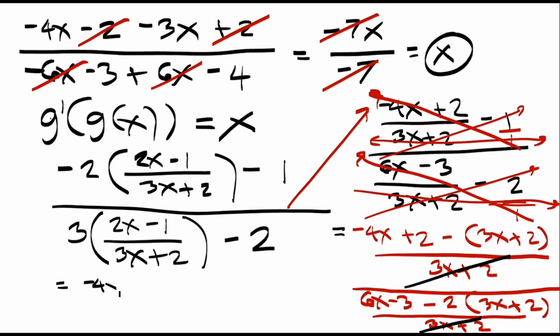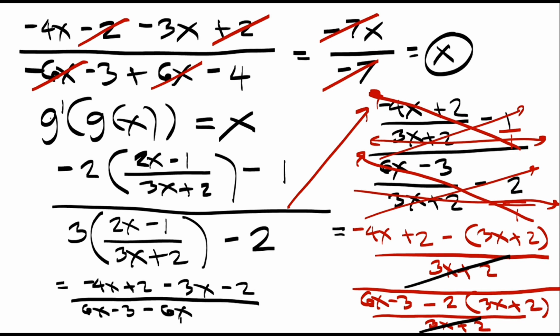Negative 4x plus 2, remove the parentheses, it will be minus 3x minus 2 all over here of 6x minus 3, and again multiply negative 2 to 3x plus 2, so we have minus 6x, and then we have minus 4.